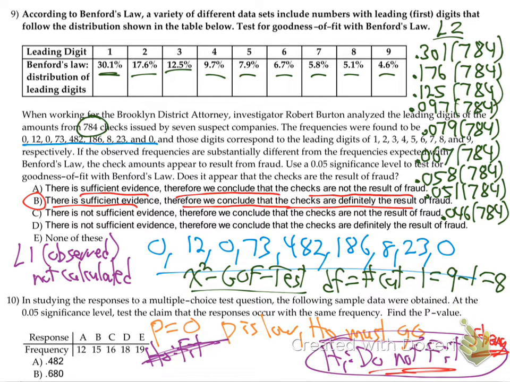So if we look at a bunch of checks and they don't fit, then that would claim that it is a fraud. Okay, got it. Strong evidence it doesn't fit. That makes sense? Good question. Everybody clear on that? Yeah, strong evidence it doesn't fit the normal human pattern that Benford's law has noticed. That's what Benford's law is, the normal human pattern on leading digits. And so if a bunch of checks don't fit that, somebody's writing false checks.